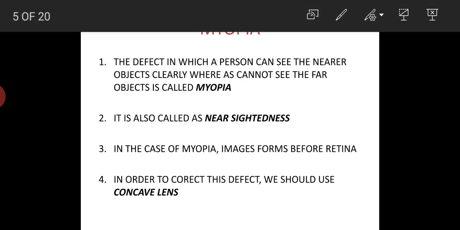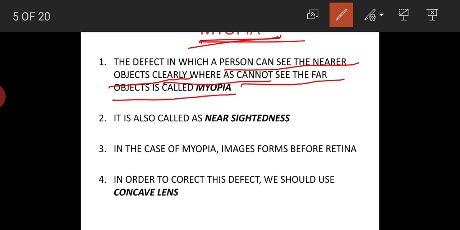First let us see myopia. Myopia is nothing but the defect in which a person can see the nearer objects clearly, whereas cannot see the far objects clearly. So if a person is able to see the near objects clearly, whereas he is unable to see the far objects, then he is said to be suffering from myopia.